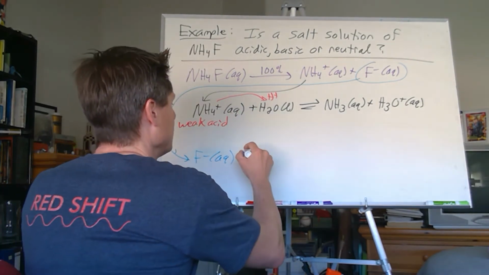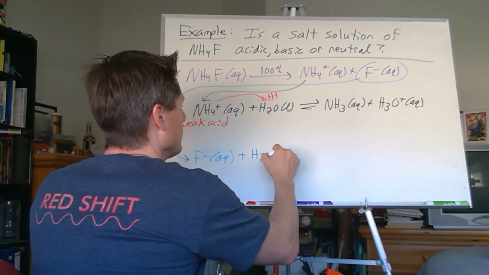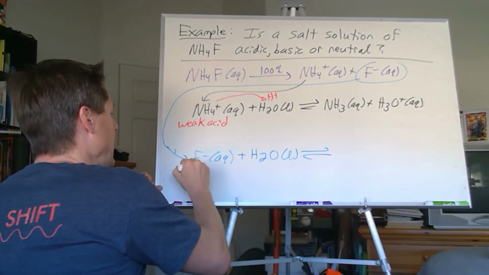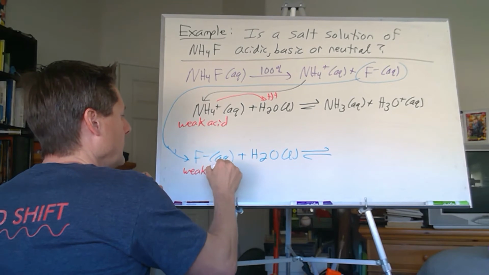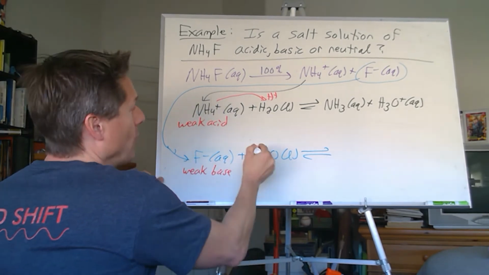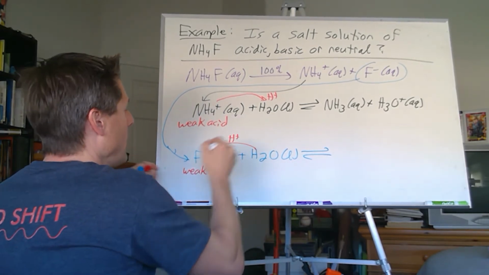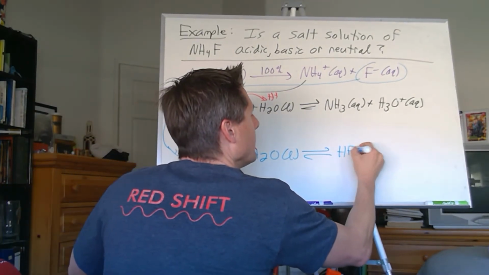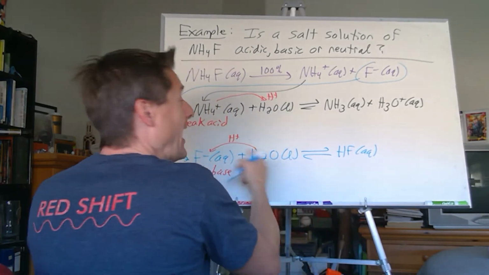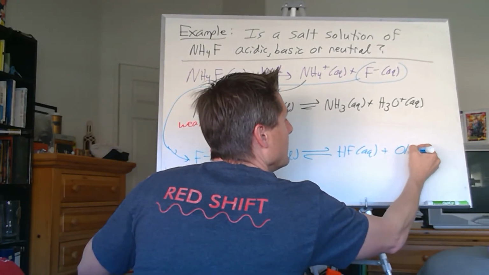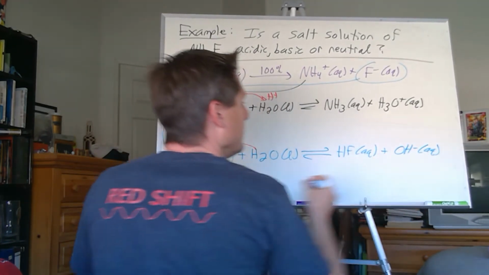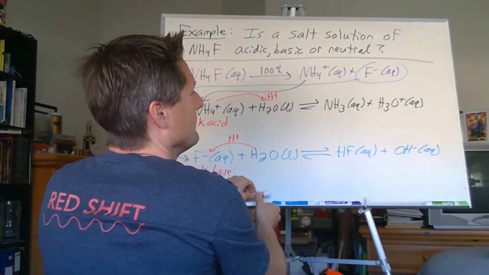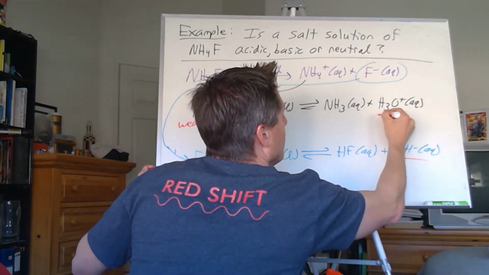So let's do that equation. And that's weak. So this is my weak base. That's going to take an H+ from water, and we're going to get HF, and then the water loses an H+, forming OH-. So you see the acidic character of that one and the basic character of this one.